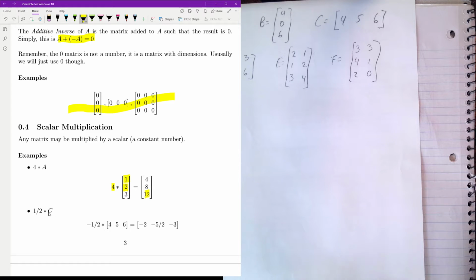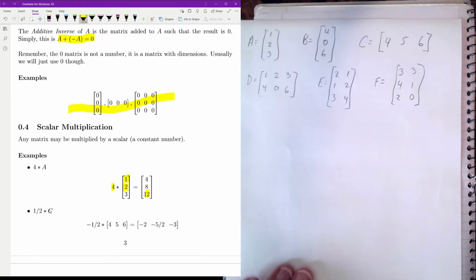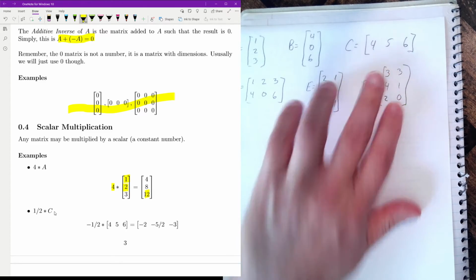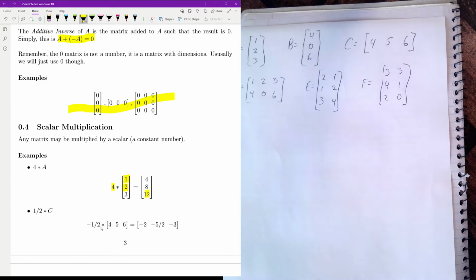And if we're doing 1/2 times C, and C is this 4, 5, 6 matrix, again, we do it element-wise, so 1/2 times minus 1/2. Wow, I might have a misprint somewhere. I'm thinking that my intent was this should be a minus, so we're going to make this a minus.